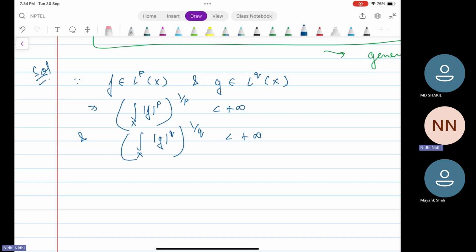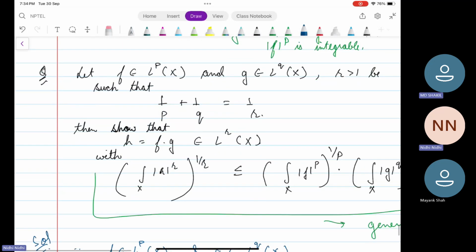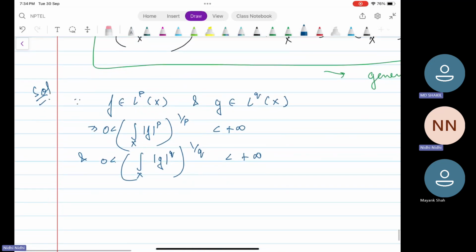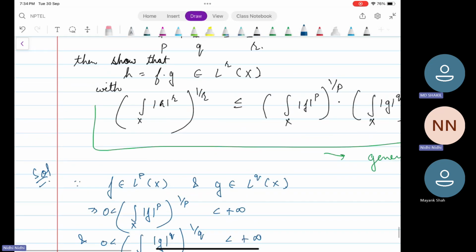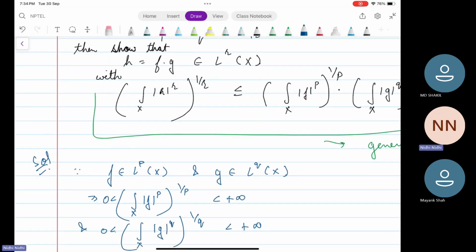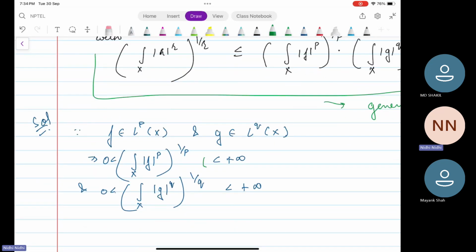Also, I'll assume that these f and g are non-zero functions. So the modulus of that will be strictly positive, so the integral would be strictly positive. It is less than infinity, because it is a consequence of the definition: f is in L^p. This is a notation to say that it is finite.